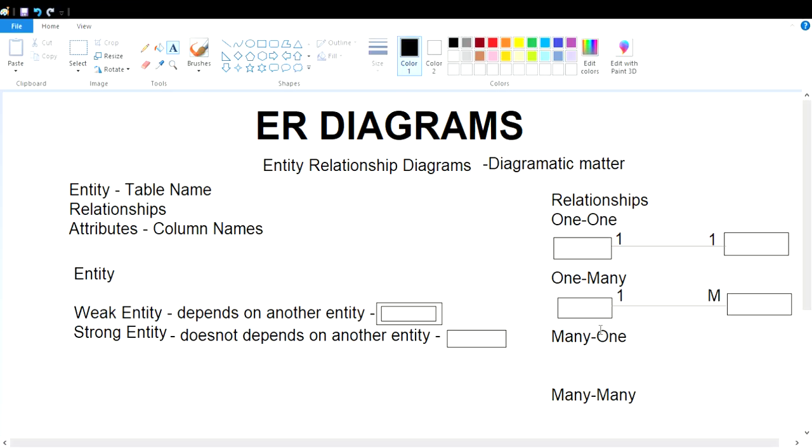One row from the first table is interacting with more than one row from the second table.